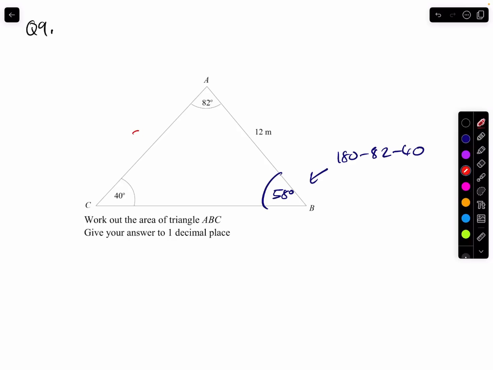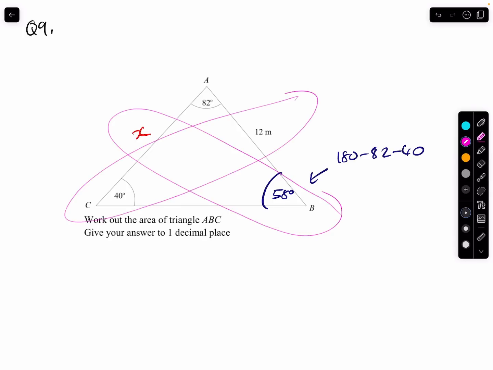Now I can use the sine rule with that one. So I have x over sine 58 is equal to 12 over sine 40.